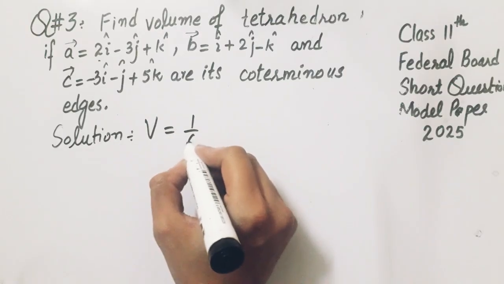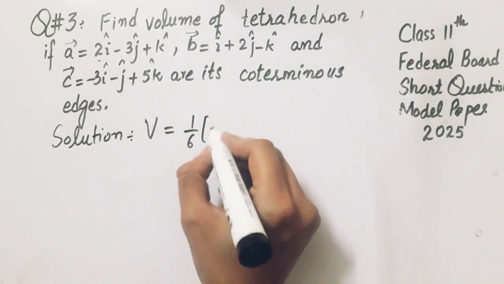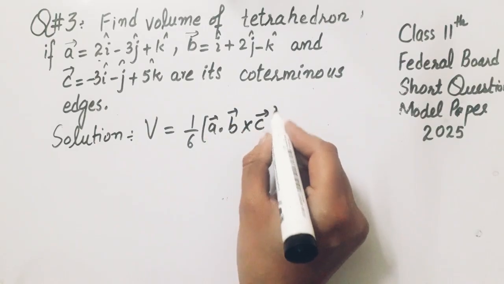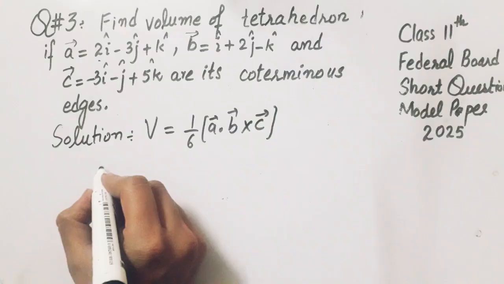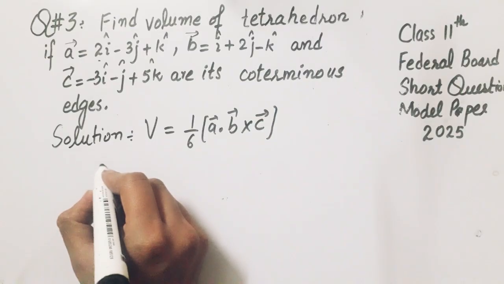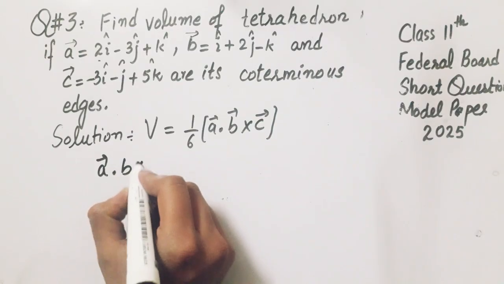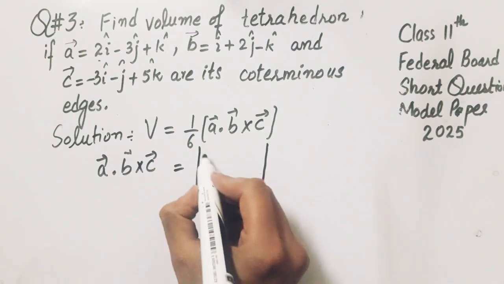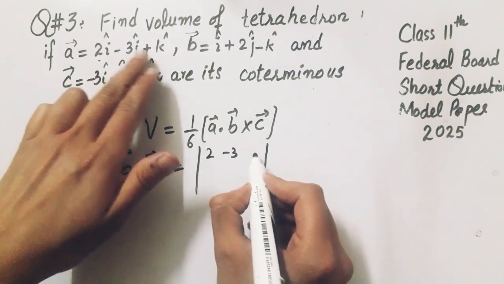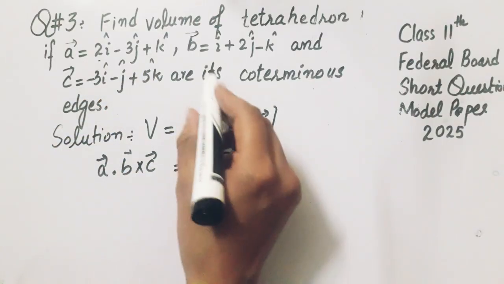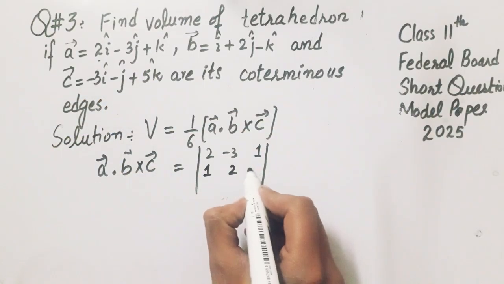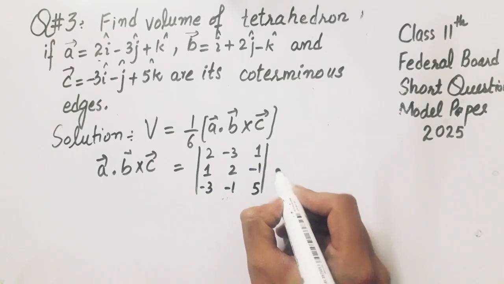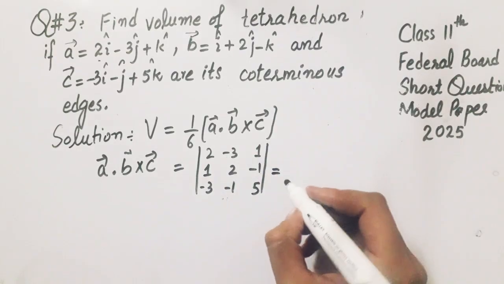Volume is equal to 1 by 6 into A dot B cross C. So you will first find A dot B cross C, which will be equal to the determinant 2 minus 3 1, all the values of this, and then 1 2 and minus 1, minus 3 minus 1 and 5. Now expand this with respect to R1.